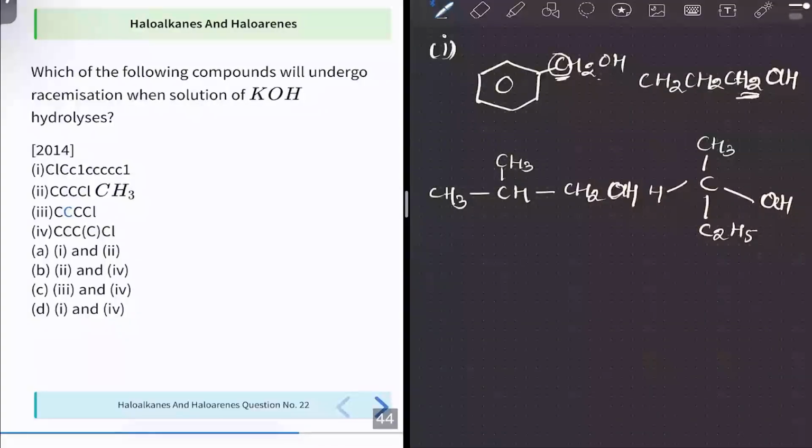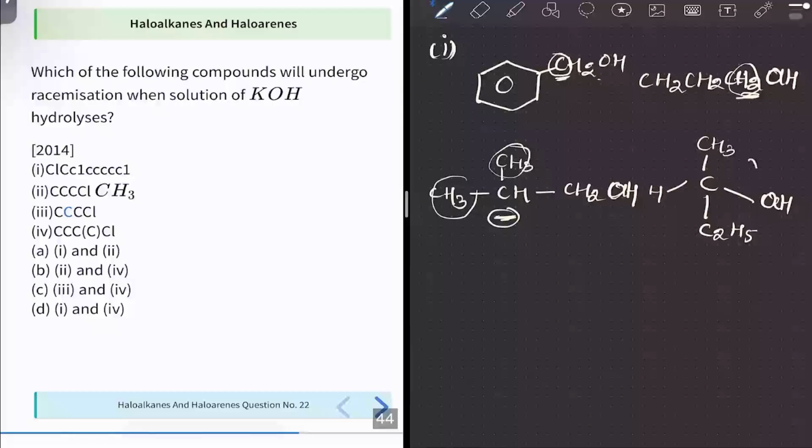This also has two hydrogen atoms on a single carbon atom, so this is also not a chiral carbon. In this compound, CH3, CH3 are on the same carbon atom, so it is also not a chiral carbon.